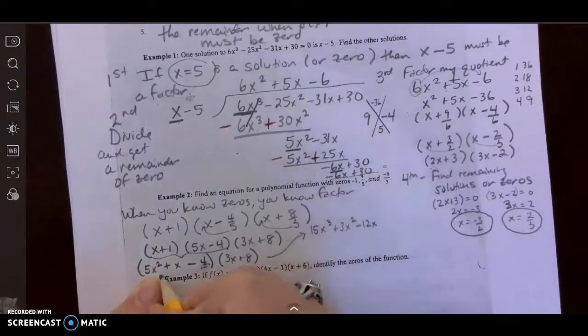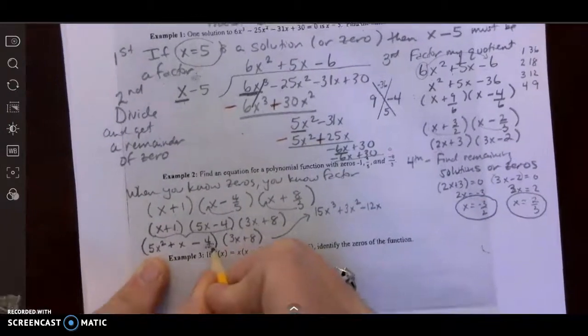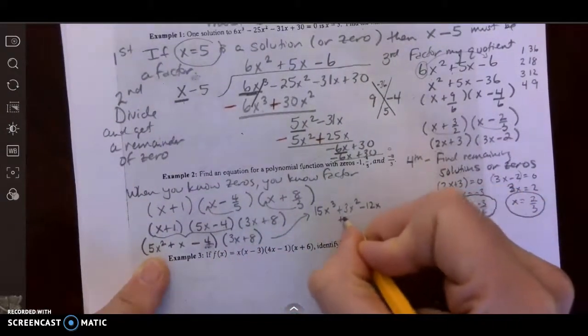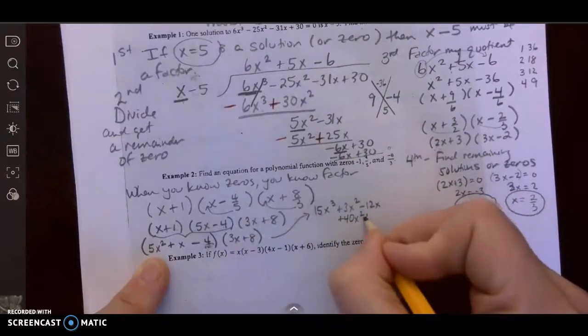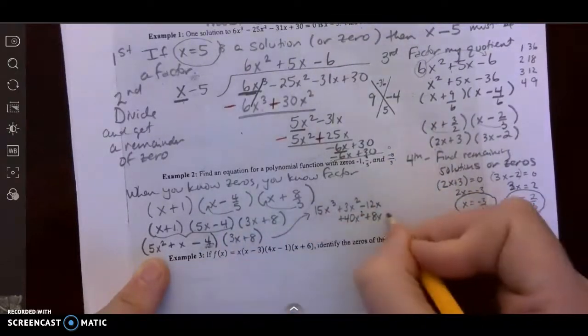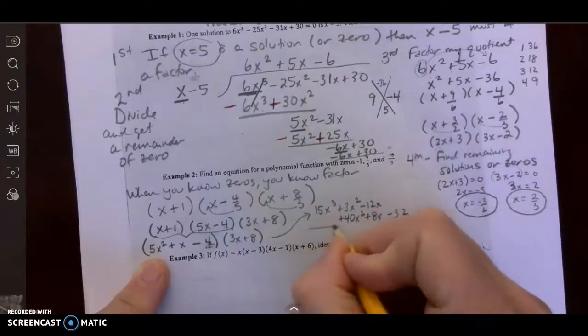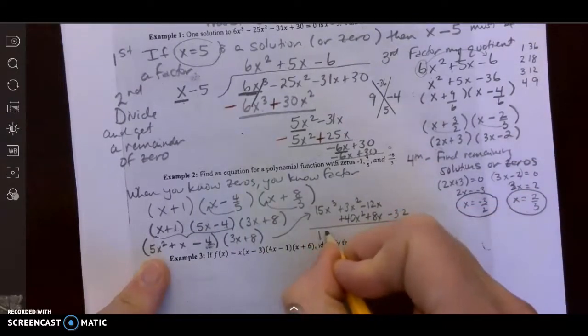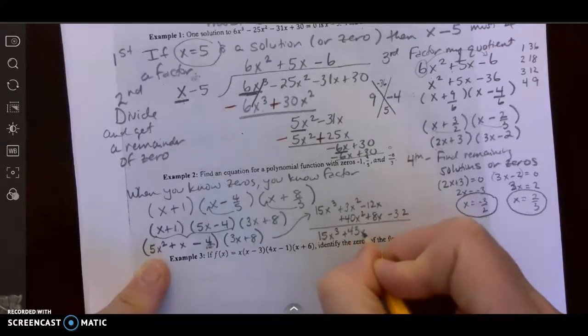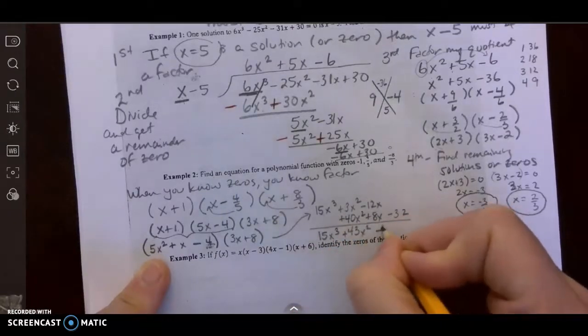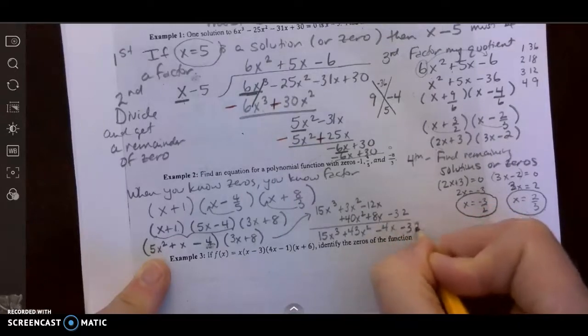Now I'm going to distribute the 8 to each of these, and I get 40x squared plus 8x minus 32. My final answer is 15x cubed plus 43x squared minus 4x minus 32.